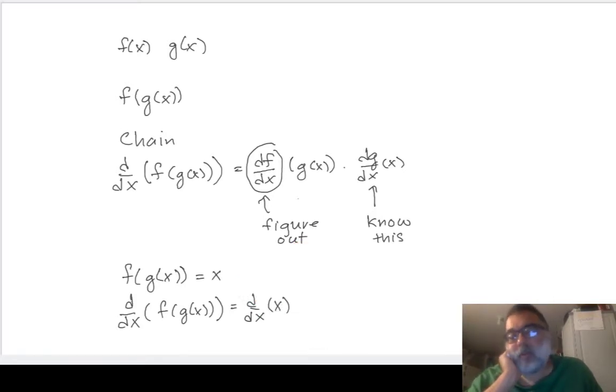Now, we haven't really proved that yet, right? So we're relying a bit on intuition. We have an equation, and if we think about what we do to one side, it's going to be equal if we do the same thing to the other side, right? But in this case, that intuition turns out to be correct. We can take the derivative of both sides and maintain equality.